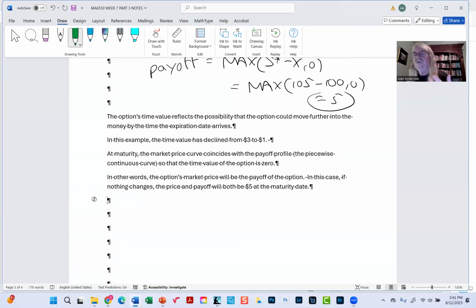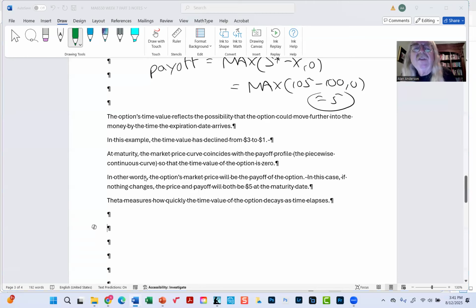Okay, so what was all that about? Well, because theta measures how quickly the time value of the option decays, as it's called, as time elapses. Okay, notice how fast is this happening? How quickly is my option losing value because of time? Right, that's what it's here for.